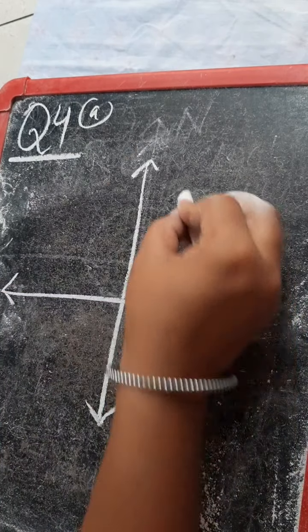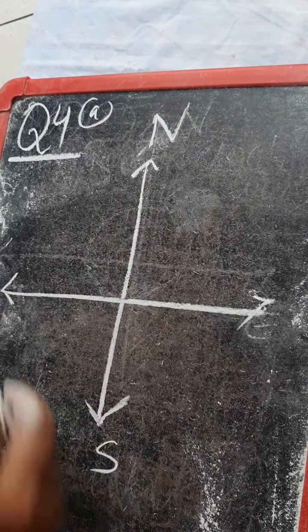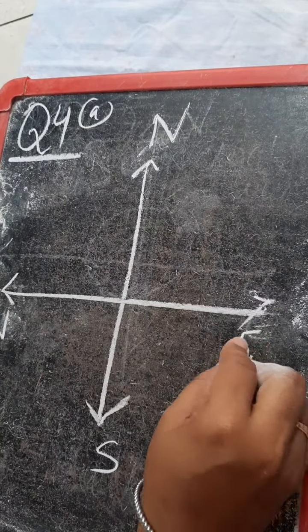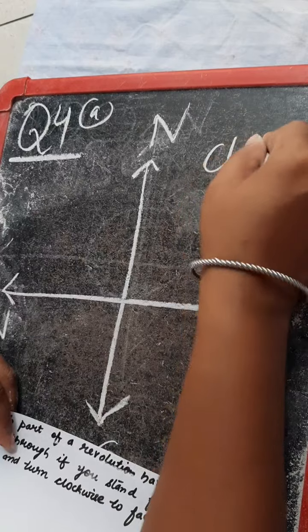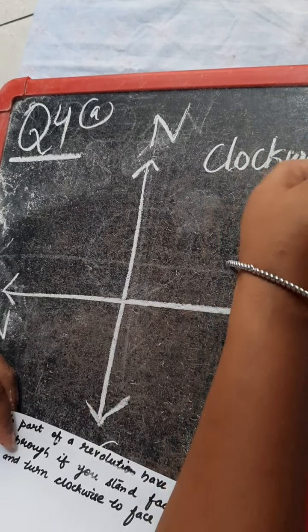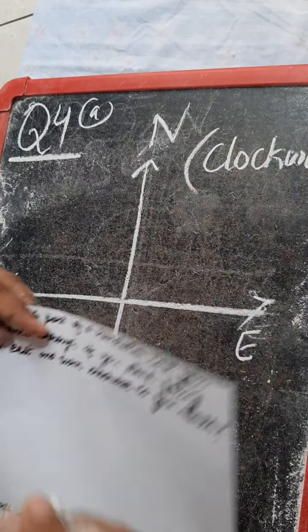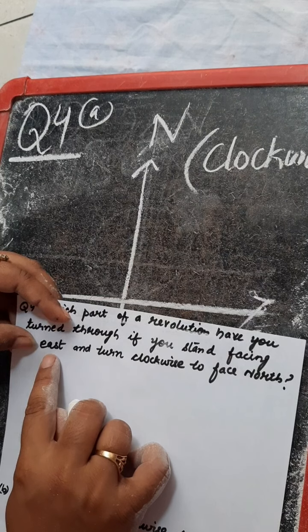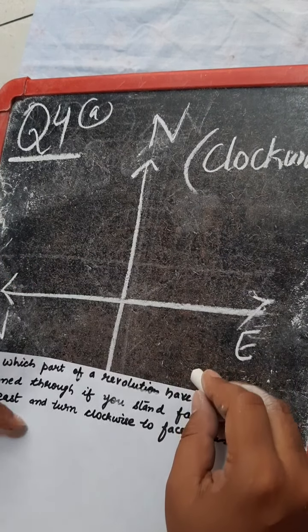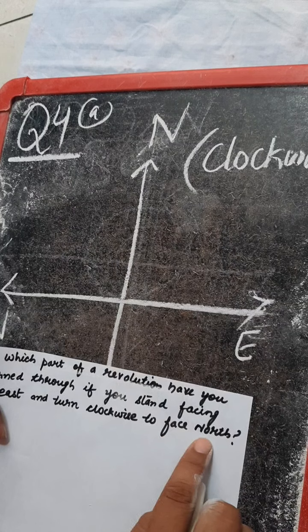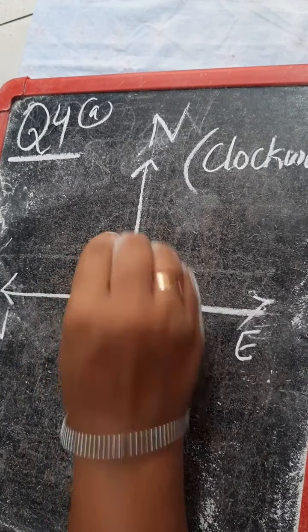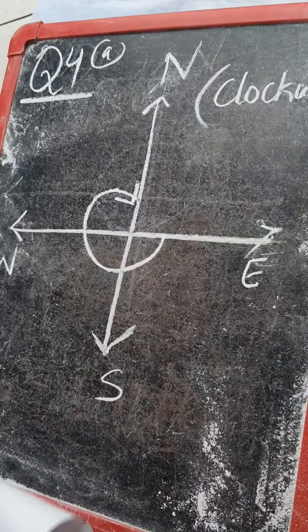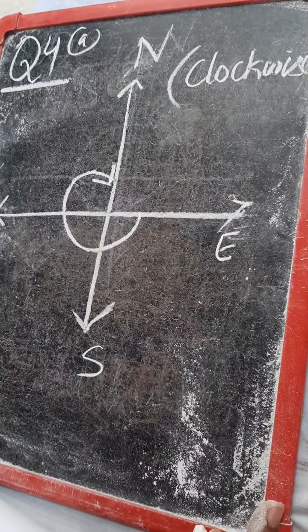Here we have north, south, west, east, and here we have clockwise direction. So I will mention clockwise, and we have to start from east and turn clockwise to face north.